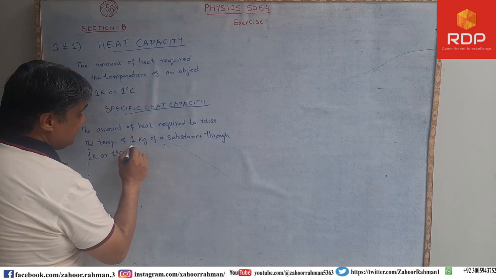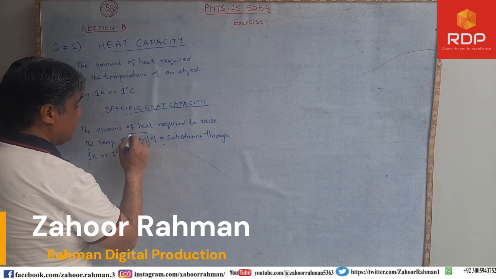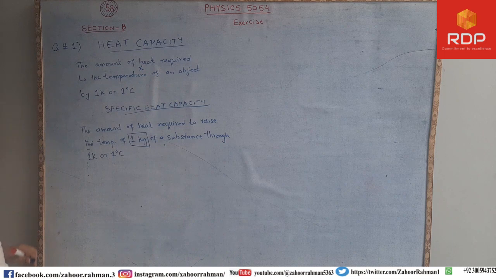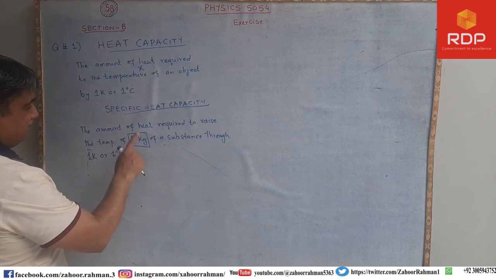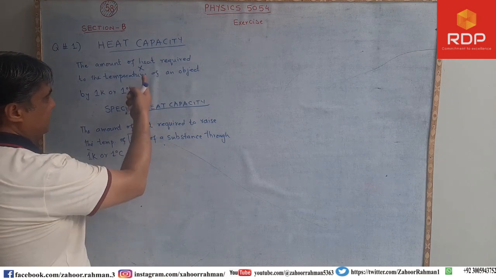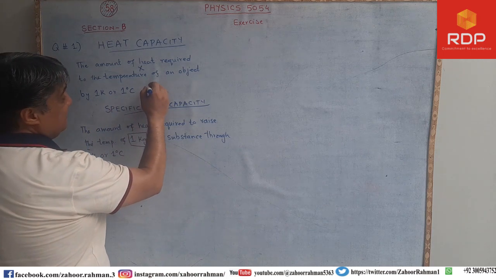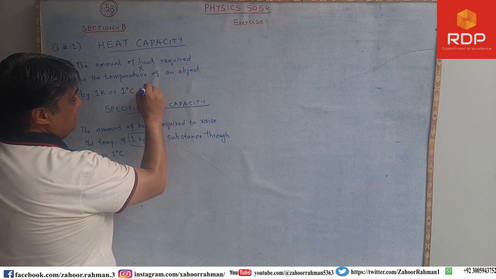Ladies and gentlemen, the distinguishing word is 1 kilogram, which cannot be found in the heat capacity definition. So if 1 kilogram is there, then it is specific heat capacity. If 1 kilogram is not there, it is heat capacity. One thing more that we can distinguish.